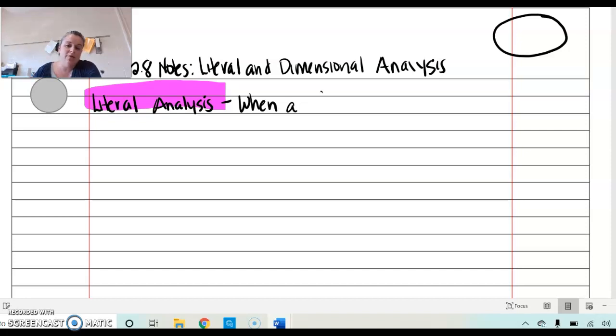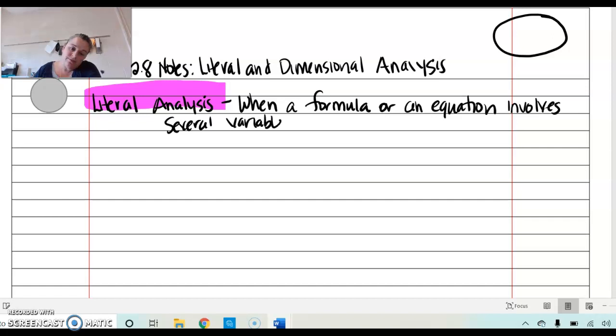So when a formula or an equation involves several variables, you can solve for one of them.